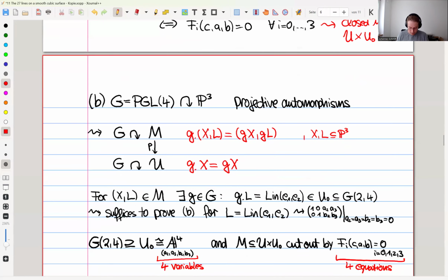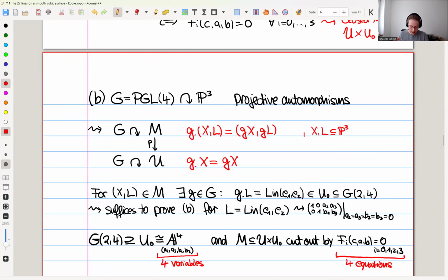So what we now see is that if you fix a point in curl U, if you fix a cubic surface, then the remaining coordinates are this patch U0, which is isomorphic to A4, given by these 4 variables.